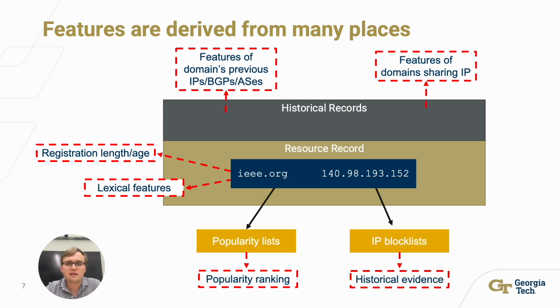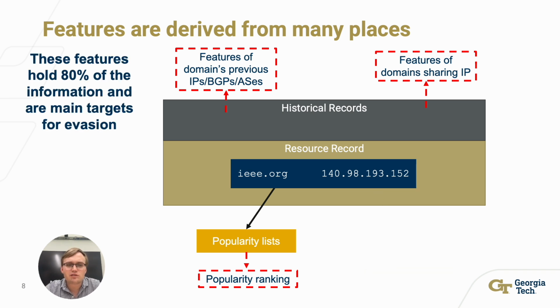Finally, we enrich our domains with information from 2 more places: popularity lists and IP block lists. The popularity lists give us an idea of the amount of traffic that is destined to a domain name through its popularity ranking. And the IP block lists give us information about the reputation of a particular IP address or a network. Does the network contain a lot of malicious traffic? That's what the IP block lists tell us.